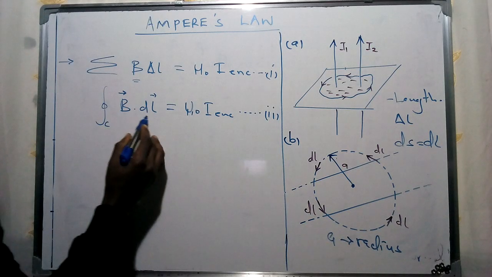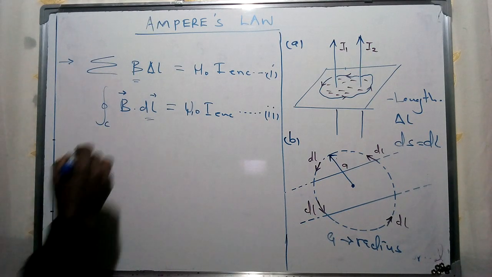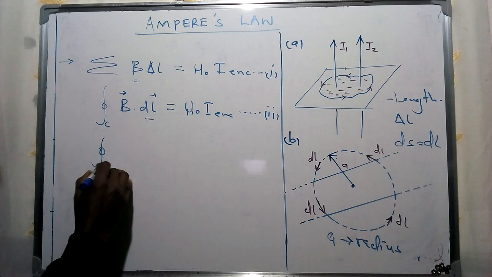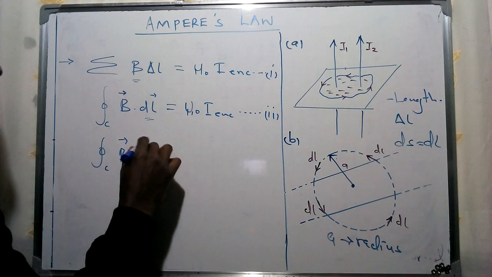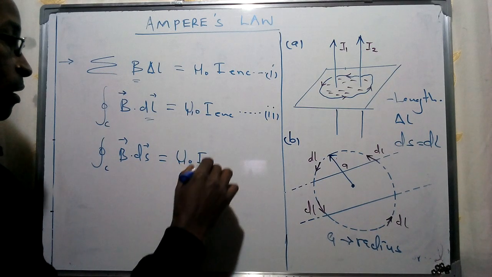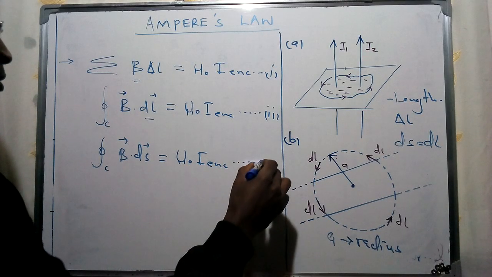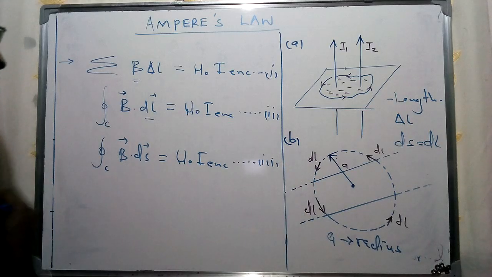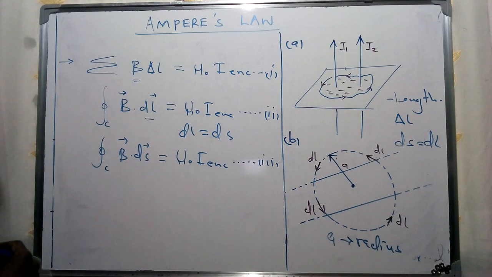So using that notation, the integration is given in terms of B ds, which is equivalent to the current enclosed times the permeability, which I've given in terms of mu naught. So this is going to form our equation 3, whereby my dl is going to be equivalent to ds.